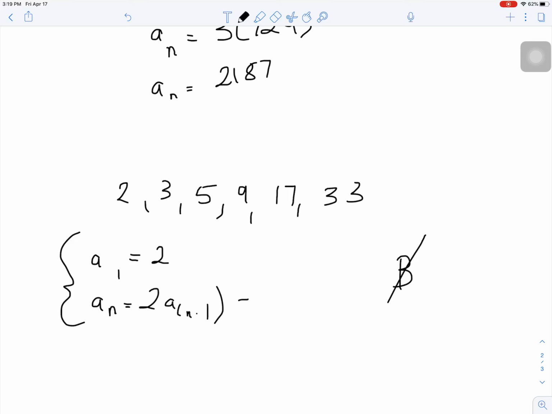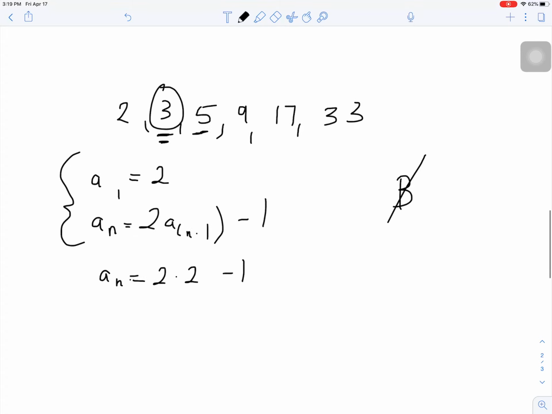So if we grab the second term in here, what we've got to do is go A n equals 2 times the 2 minus 1. Does that give us a 3? Yes, it does.